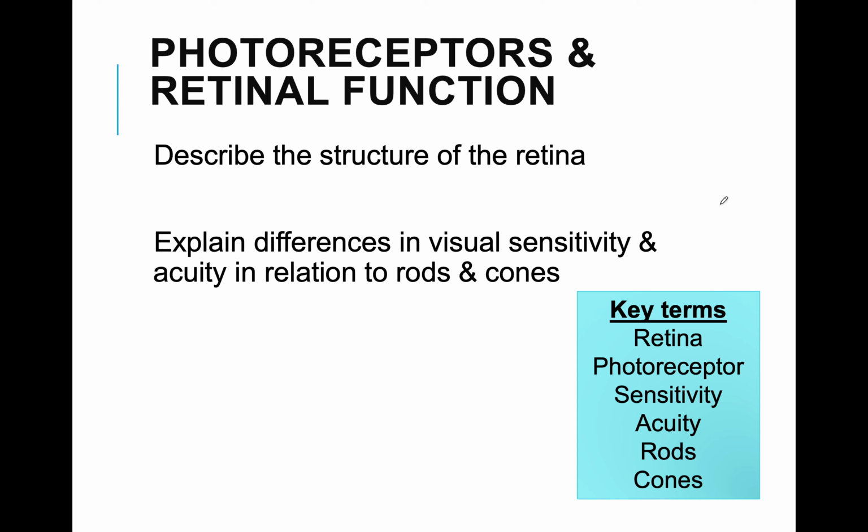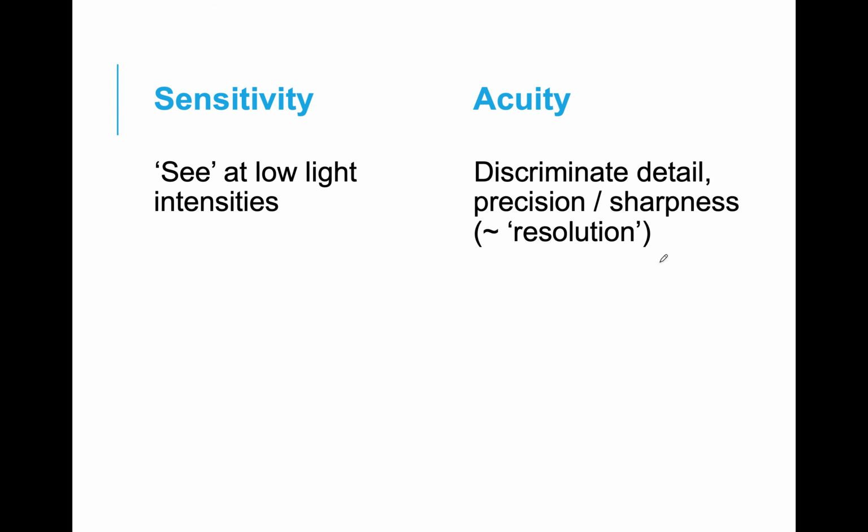Next, we're going to look at the function of the retina and the involvement of the photoreceptor cells. There are 2 key terms that you need to be familiar with. The first is sensitivity, the second is acuity.